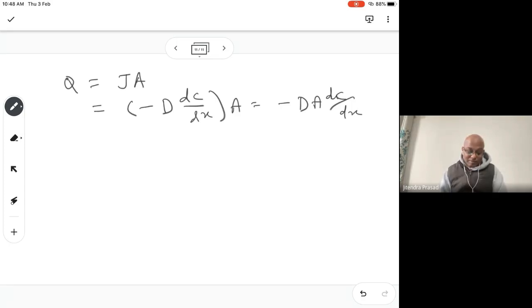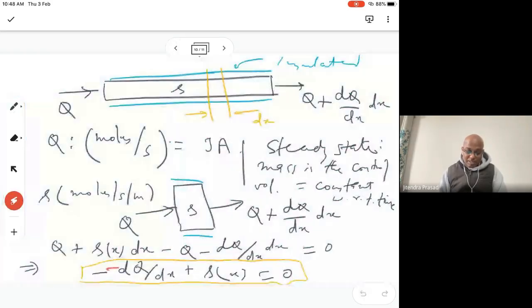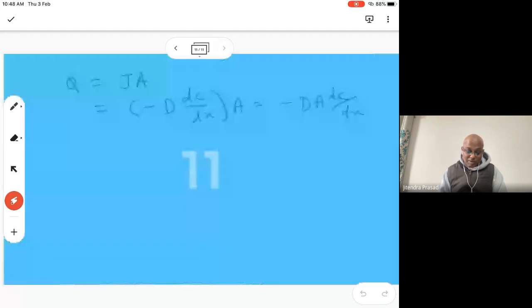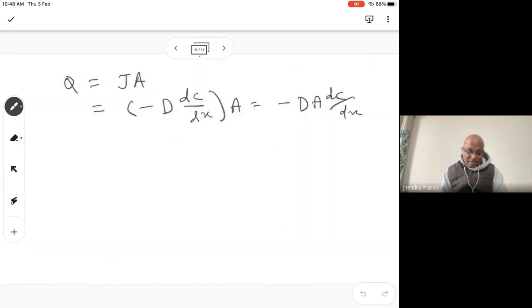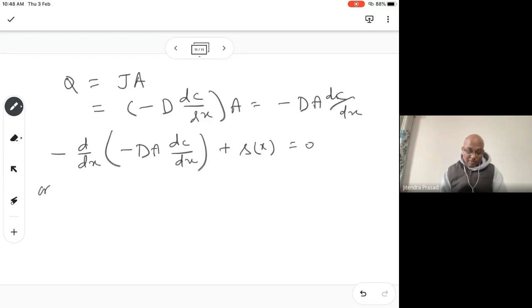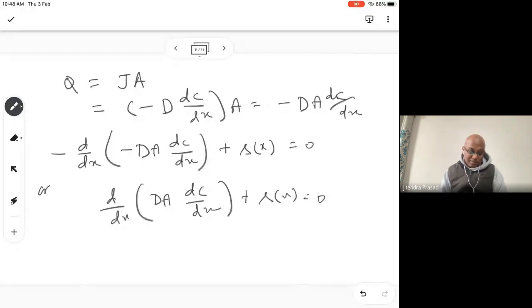We will put this value in the previous equation, and what you will get is minus d over dx of minus DA dc over dx plus Sx equal to 0, or d over dx of DA dc over dx plus Sx equal to 0. So this is the equation.